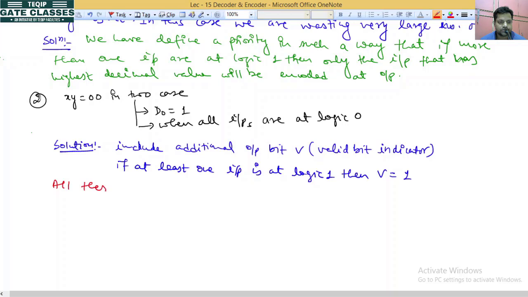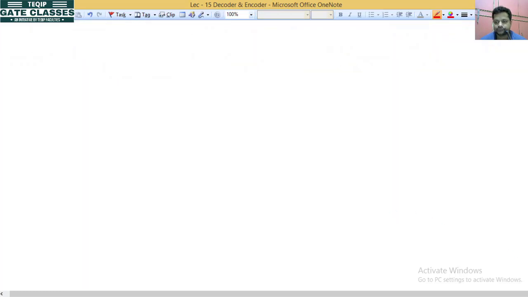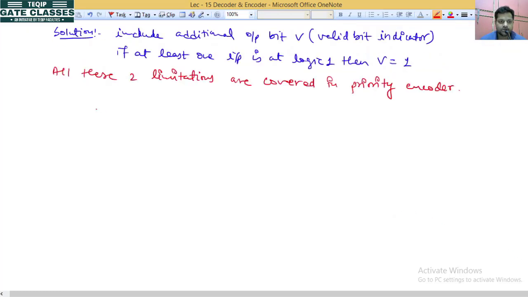So all these two limitations are covered in the priority encoder. What is a priority encoder? Let's see the truth table of the priority encoder.